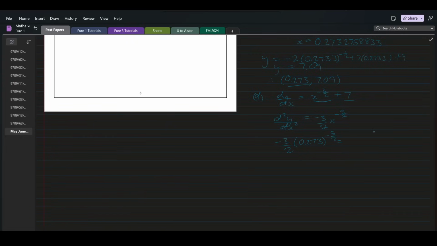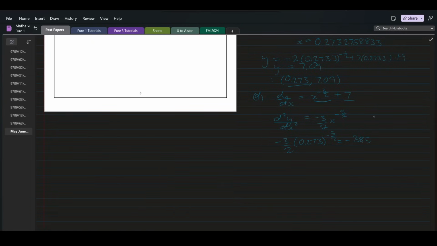Let's punch that into the calculator. Negative 3 over 2 times 0.273 to the power negative 5 over 2 gives us negative 38.5.